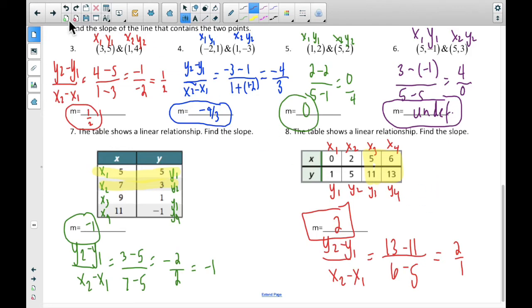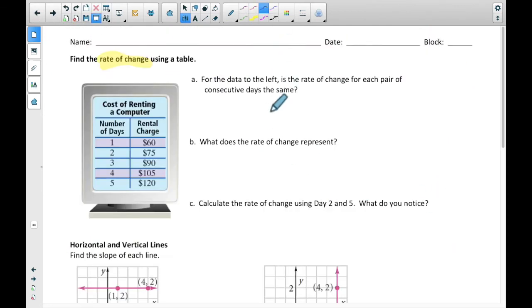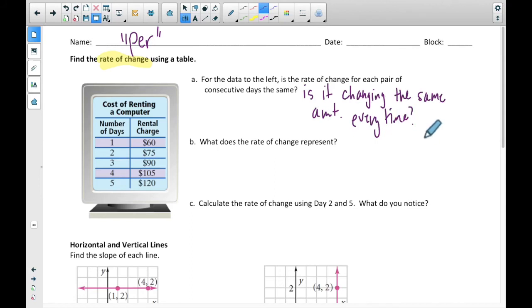Okay, let's turn the page. Okay, this is asking us about rate of change. Remember, an important word with rate of change is the word per. So for the data table to the left, is the rate of change for each pair of consecutive days the same? So what they're basically asking is, is it going up by the same amount every time? That's what that question is asking.